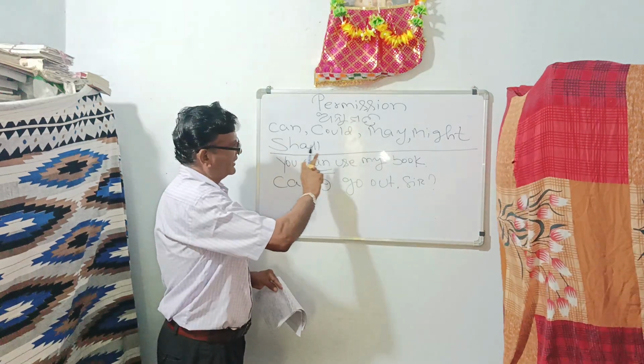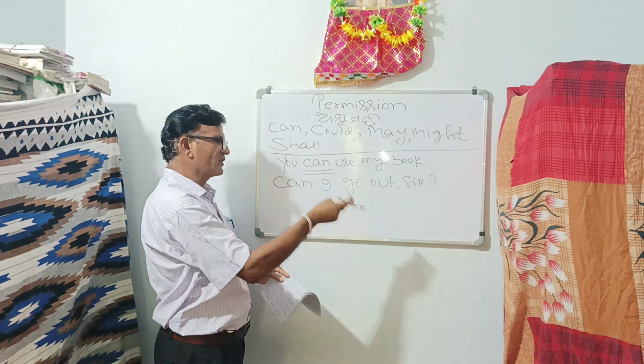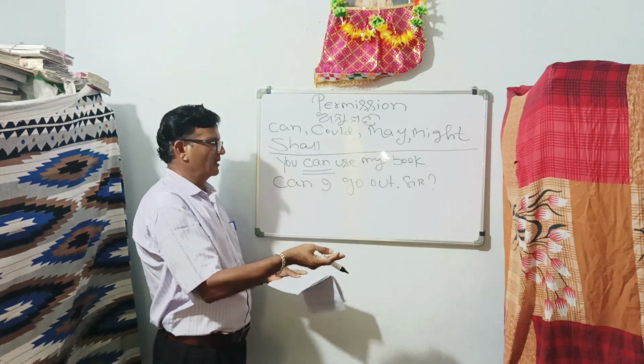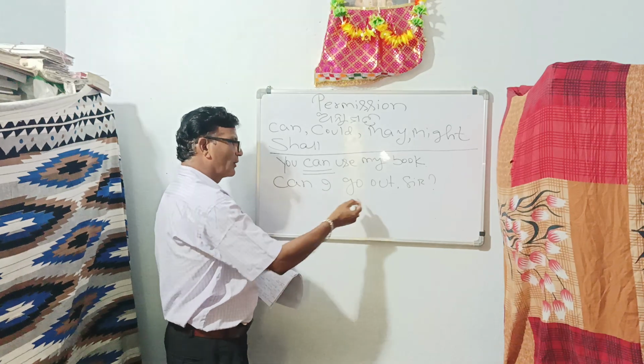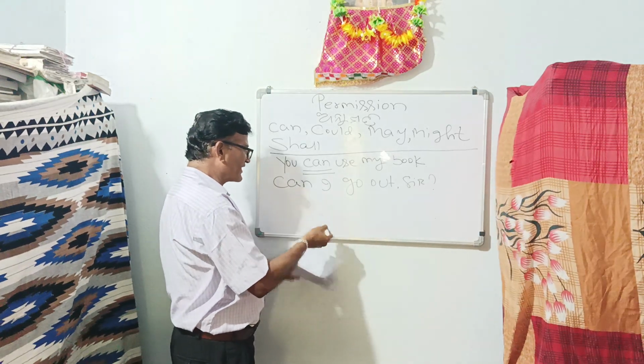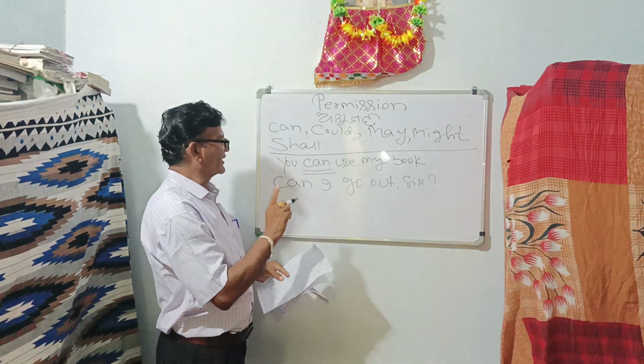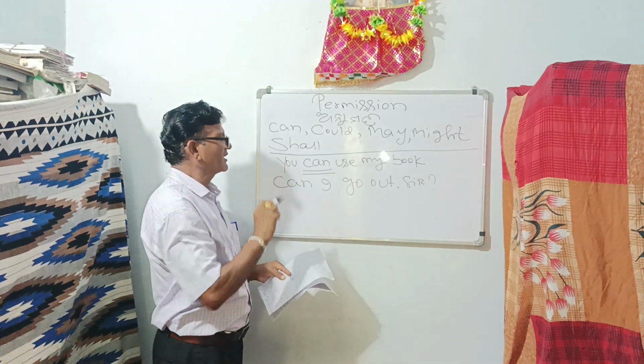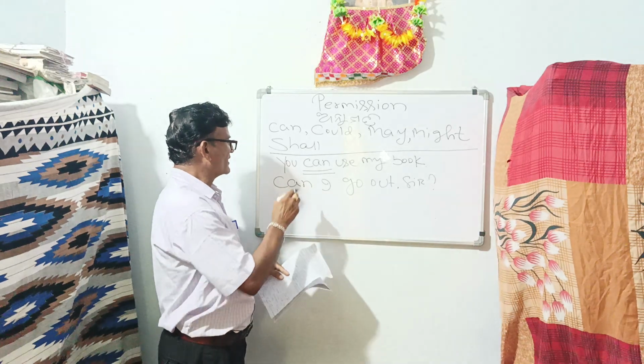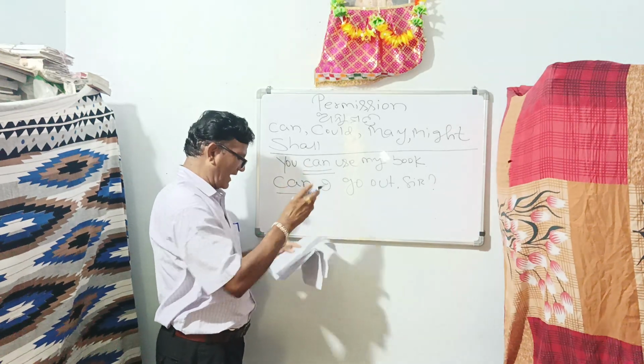So permission is given or permission is sought. Here the student seeks the permission of his teacher to go out. In these two cases, permission is expressed by the modal auxiliary verb can.